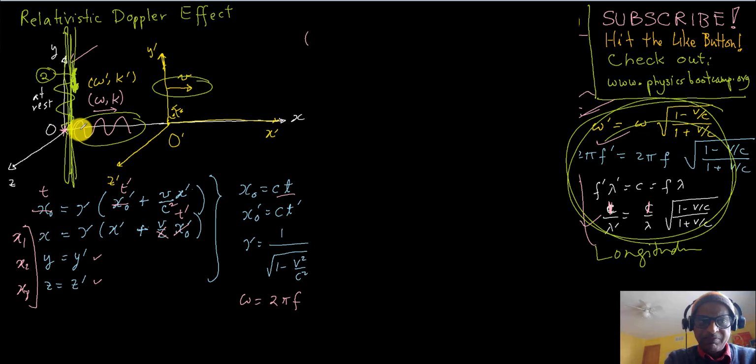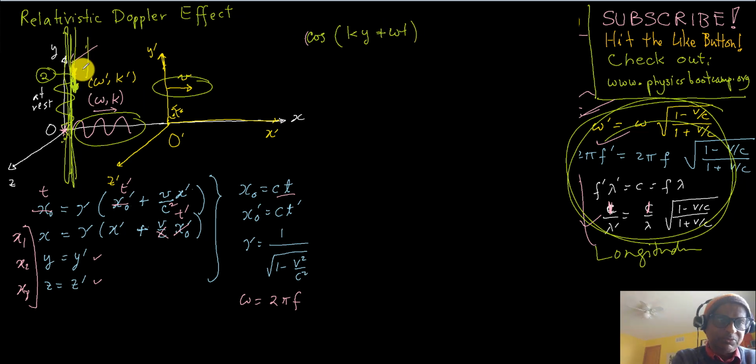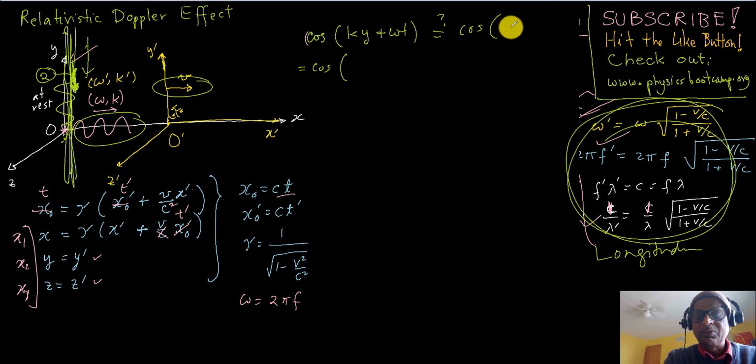In the rest frame, I will have cosine of ky plus omega t. Let's say it travels in the negative direction, so we use plus. Now if we want to transform it, y goes into y prime, so we want to know what it looks like in the prime frame.